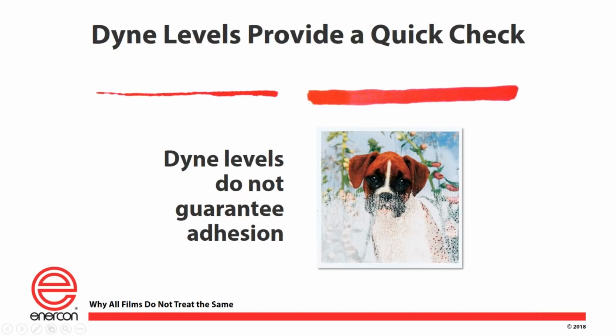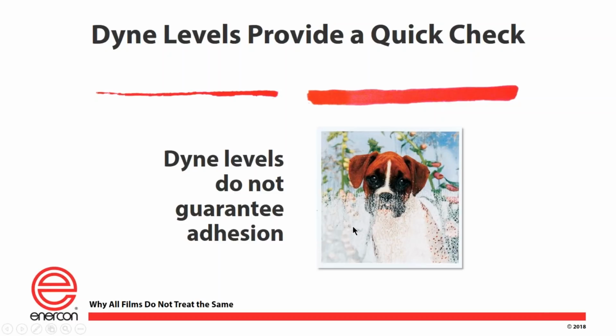So like in this particular picture we have here, we show good wetting and good adhesion contrasted against an area where we, let's say, had the treater shut off, or somebody forgot to turn the treater on, a low adhesion, low wetting condition. And so that just gives you a stark example of what happens if you turn the treater off, or you think the treater's on, but it's not treating in a converting application.